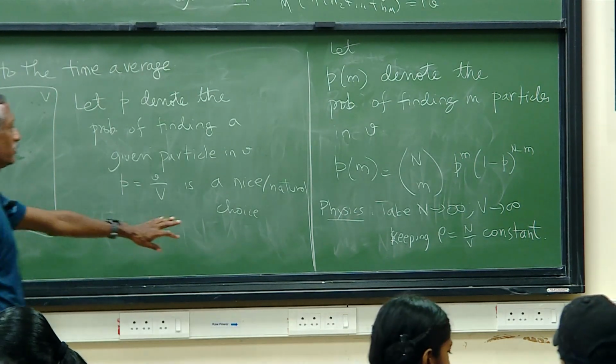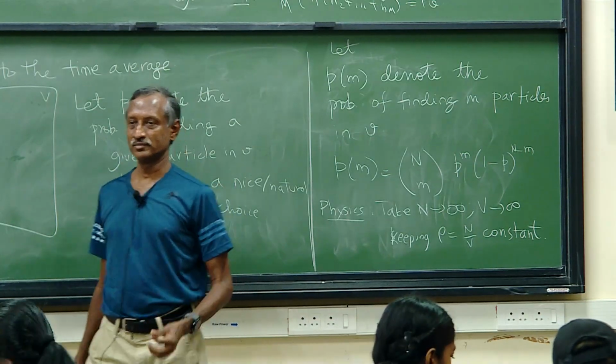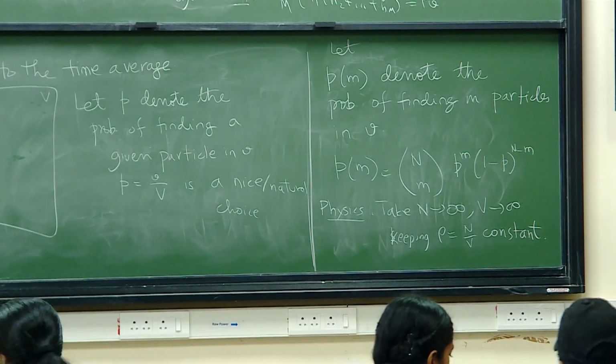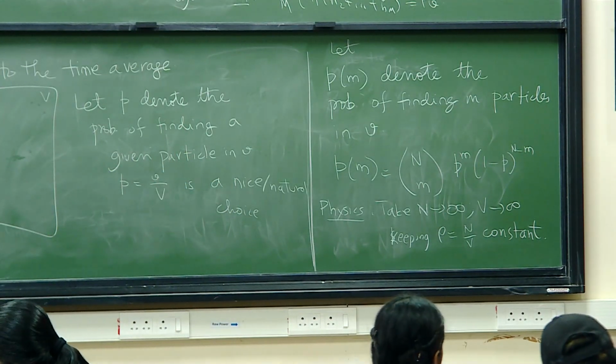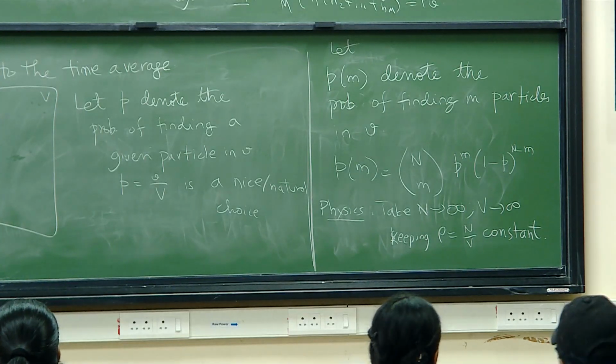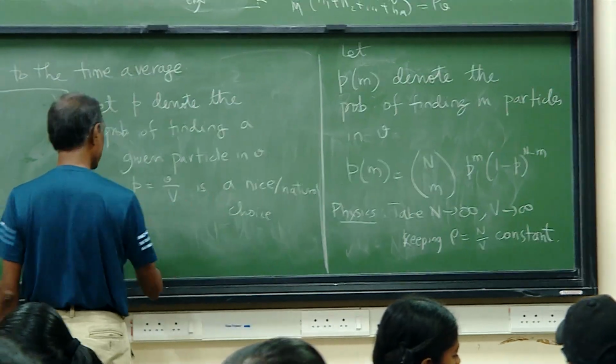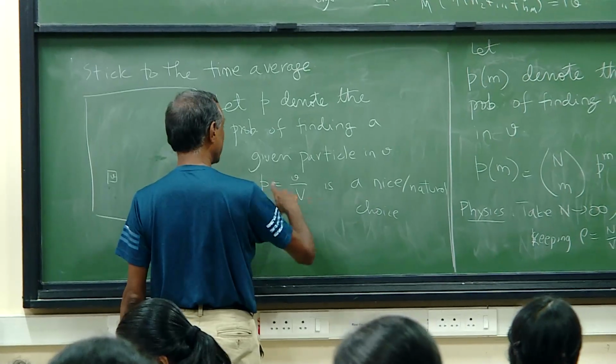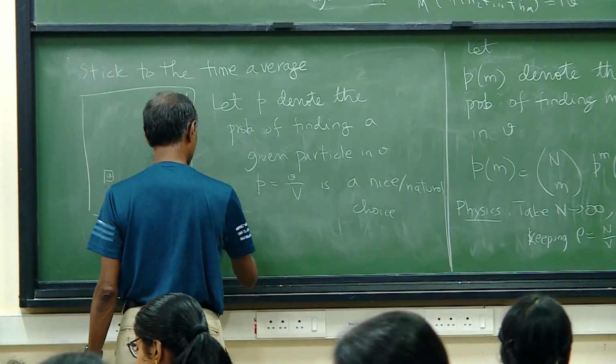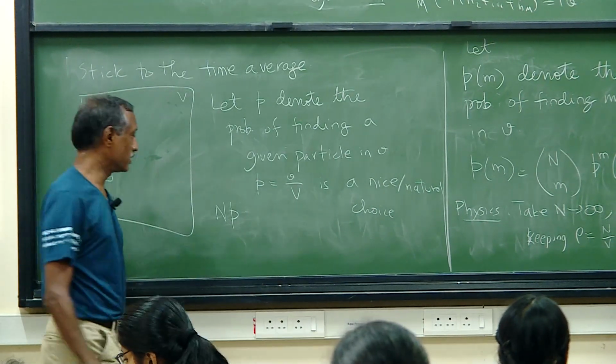This is called the thermodynamic limit or the large volume limit. So this is a limit which is being told to us from physics. Okay, so let's look at this. What it says is that let's take that limit on p. What is Np?